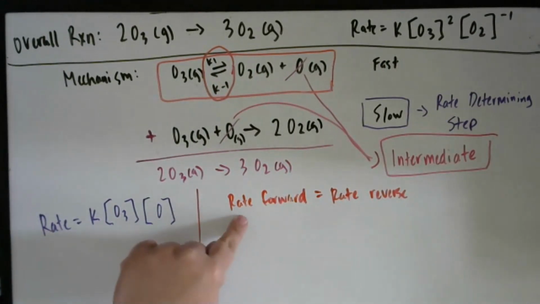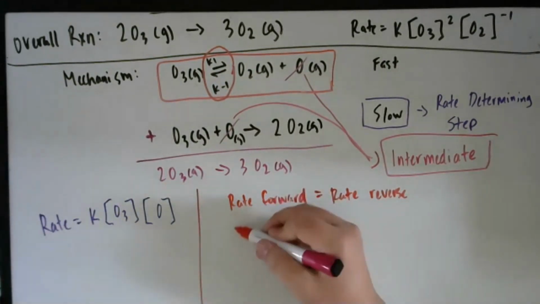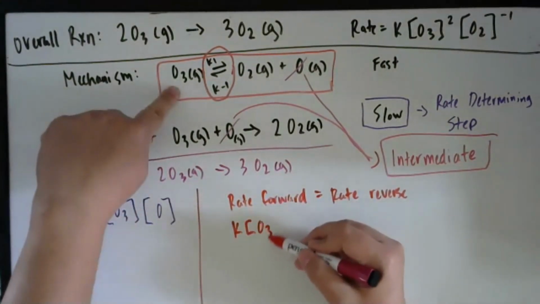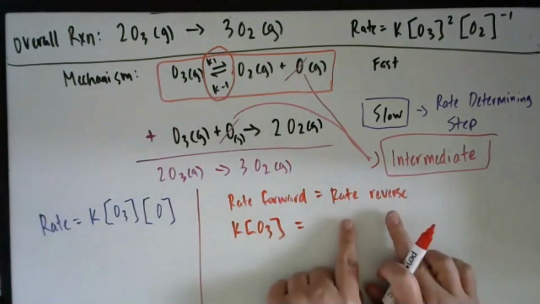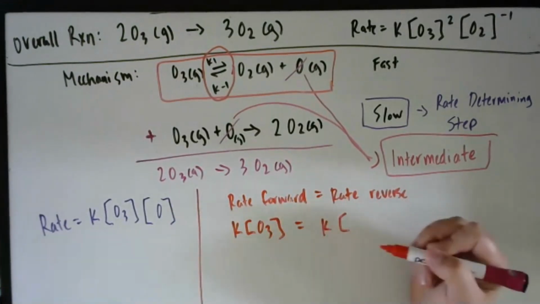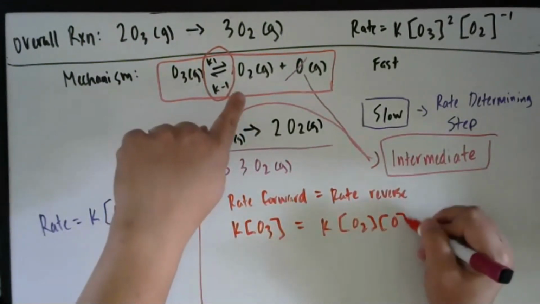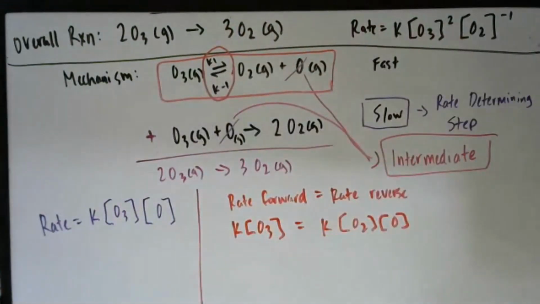So the rate law for our forward reaction, we can express that as K times the concentration of O3, right? We can represent the rate of our reverse reaction as K times O2 times O, right? Because our reverse reaction is going in this direction.